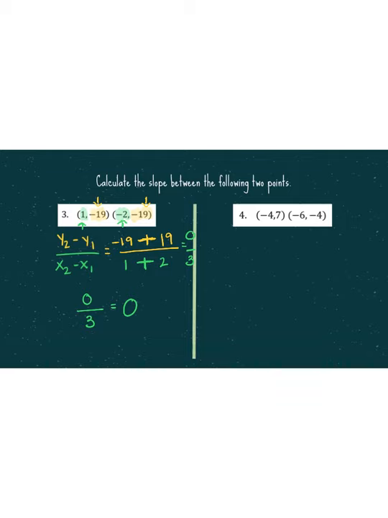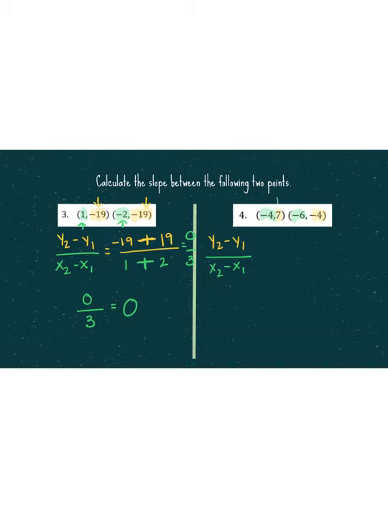Okay, let's try the next one. So y2 minus y1. Remember, my y's are this set and this set. Okay, and I'm going to put those over my x2 minus my x1. And those x values are going to be this first set right here and right here. So now I'm going to go back to my y values.